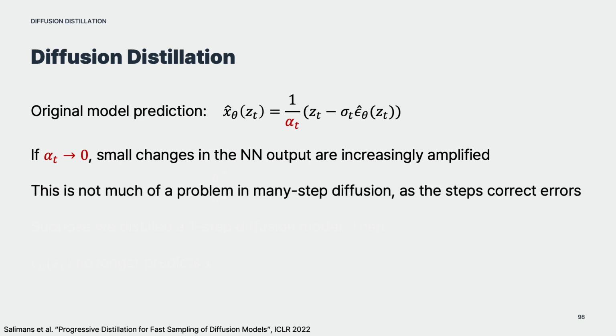This is not a significant problem in many-step diffusion, since the large number of steps can correct errors. In particular, alpha approaching 0 is more problematic in the early denoising steps, but in many-step settings, these errors can be corrected over subsequent steps.